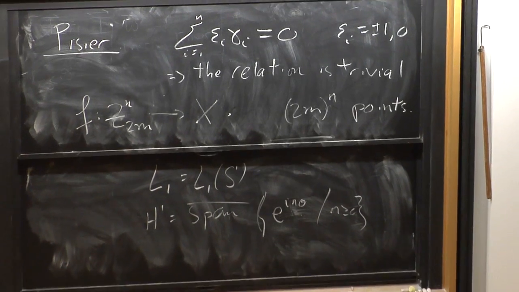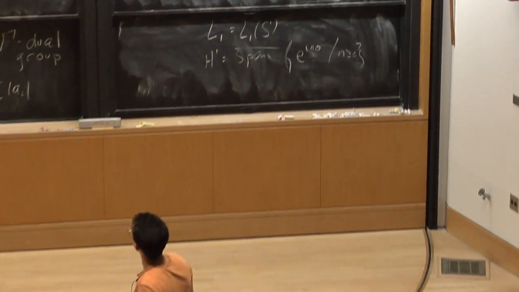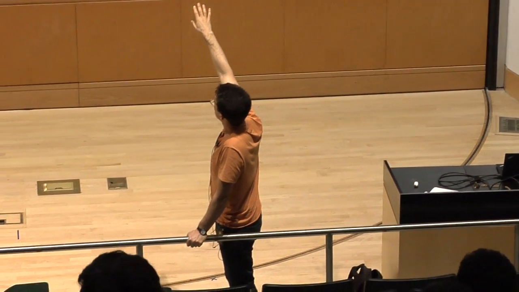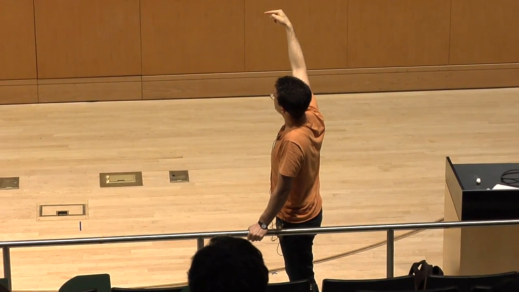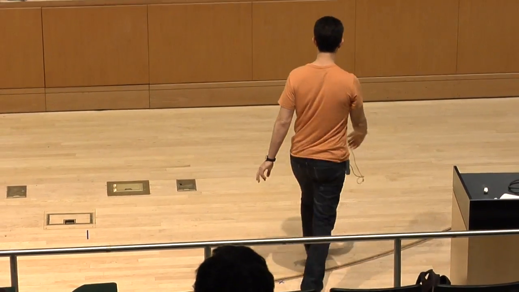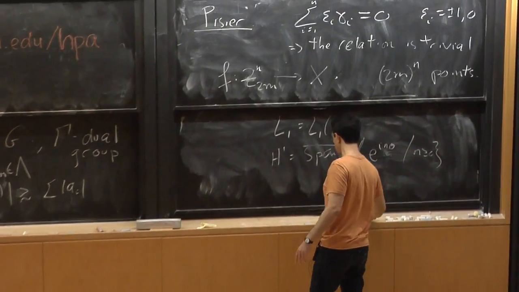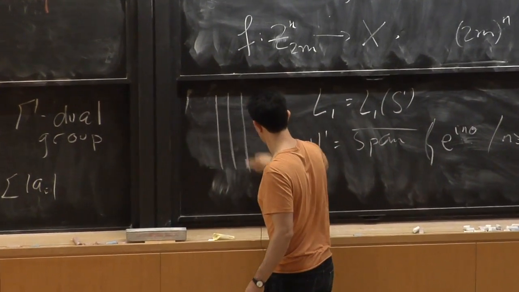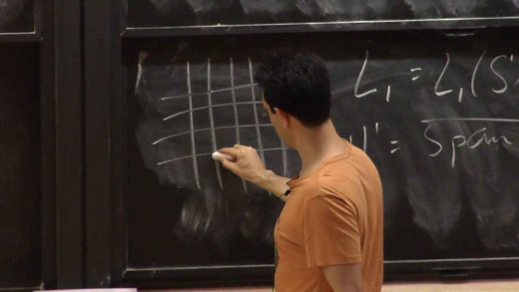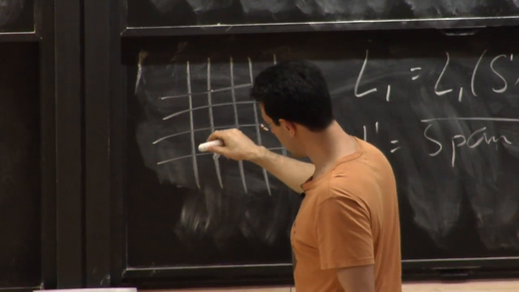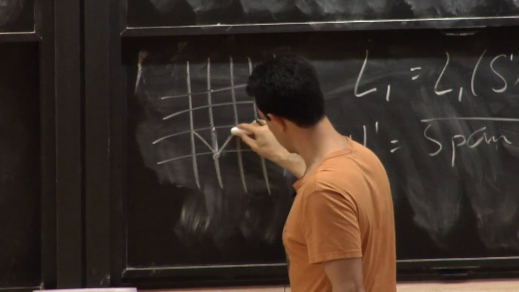And I want that for every such function, the following inequality holds true. Take a random point u in the torus. Take a random L infinity edge. So if this is the torus, then the L infinity edges are these edges.